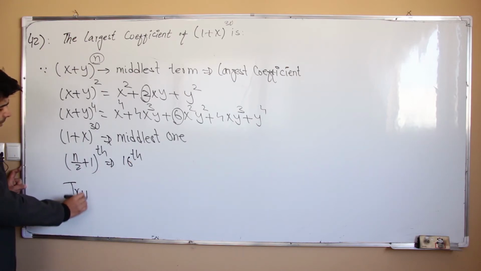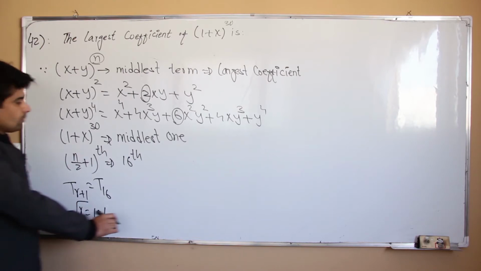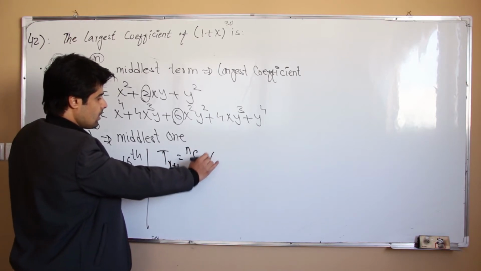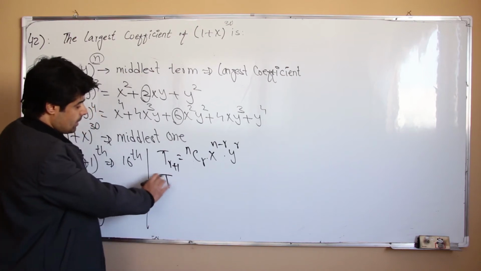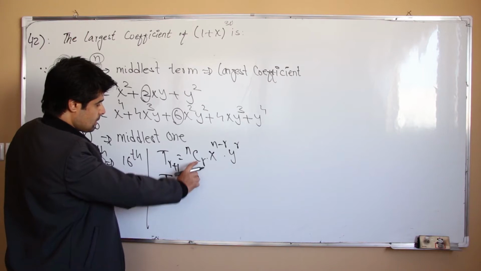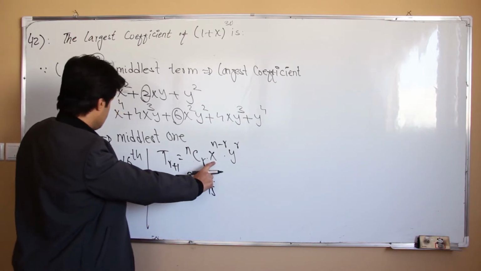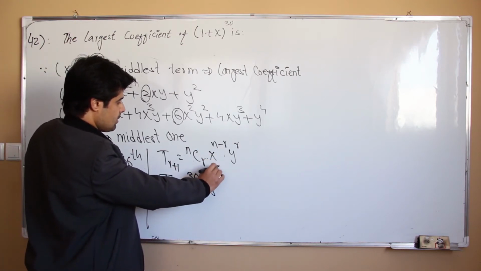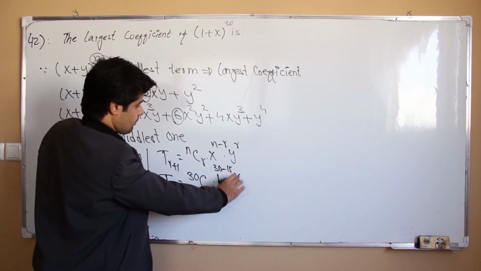T(r+1) is T16, so r is 15. Now what's the general term? T(r+1) = nCr x to the power n minus r, y raised to the power r. Am I right? Yes. T(r+1), 15 plus 1 is 16. It is 30C15, x is 1 raised to the power 30 minus 15, and y is x to the power 15.